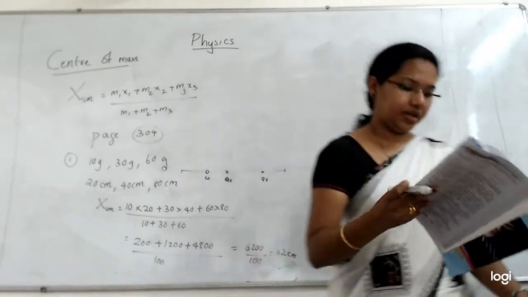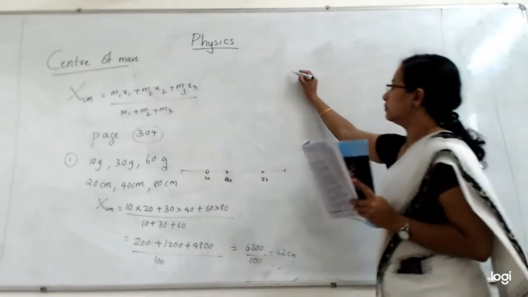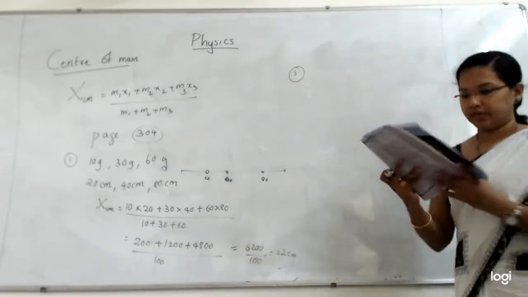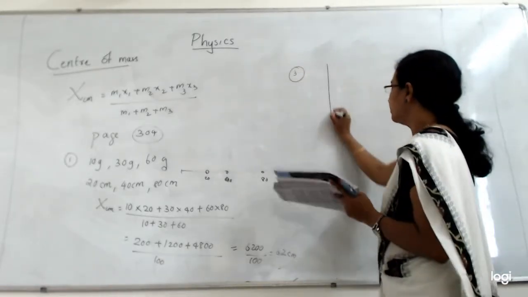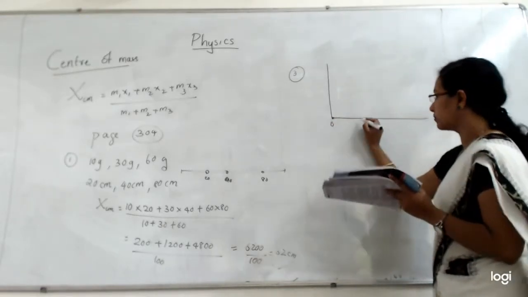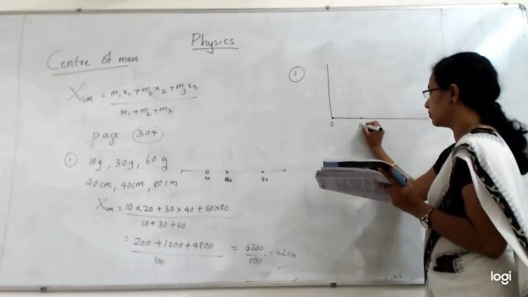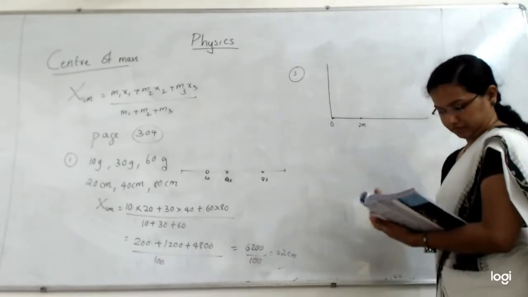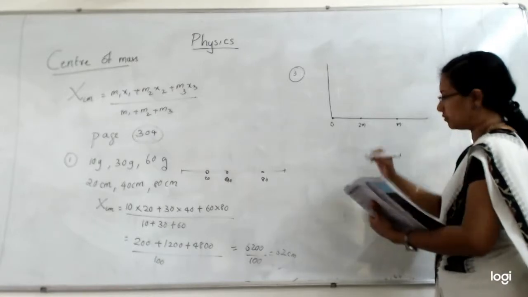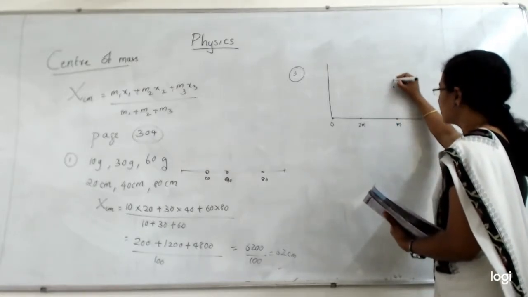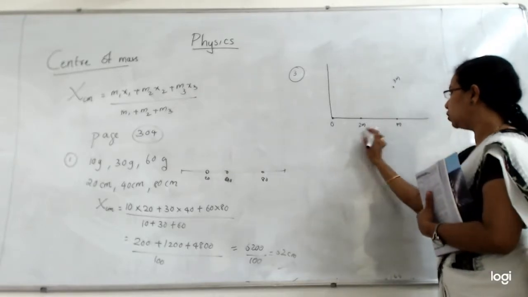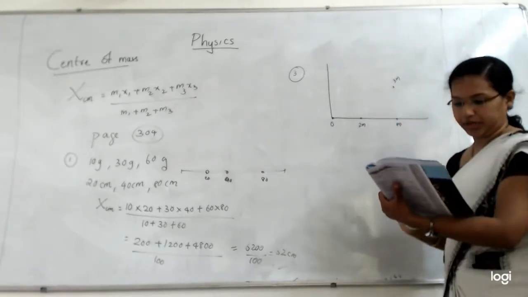Question number 3. There are 3 masses located, 2m, m and 3m.